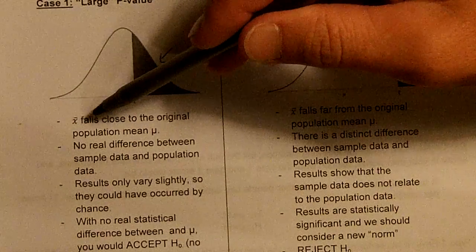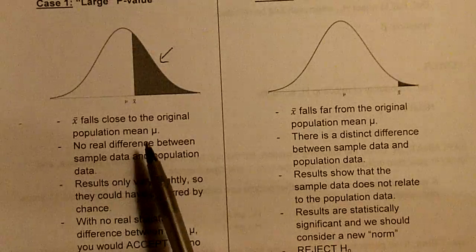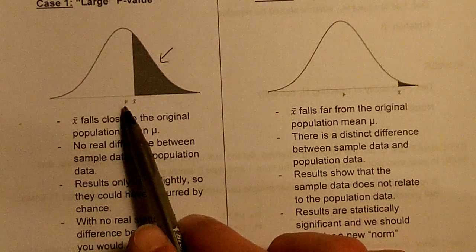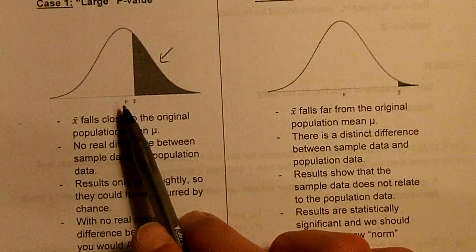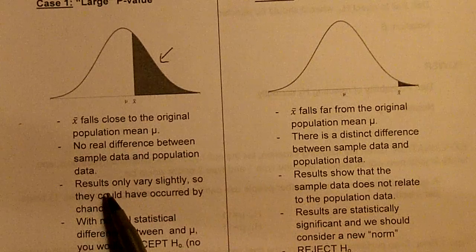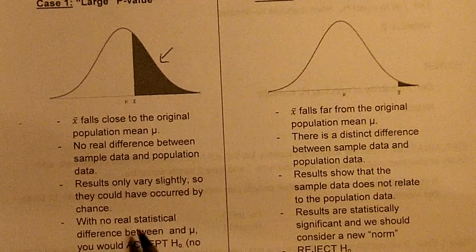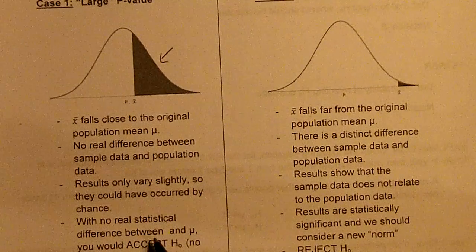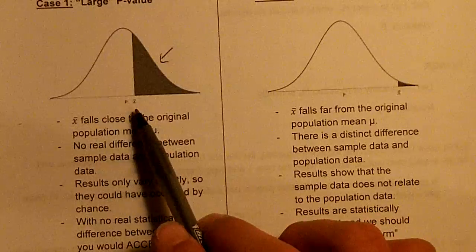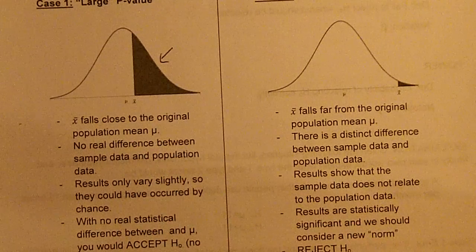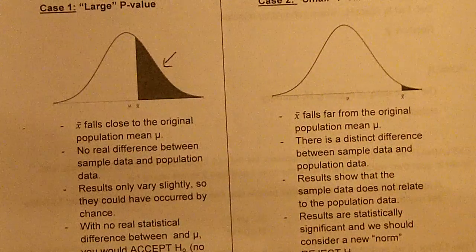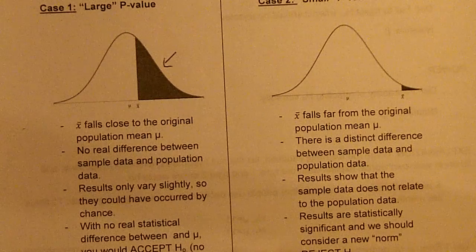And here, x bar falls close to the original population mean mu. There's no real difference between what your sample gave you and what the population would be. So the results only vary slightly. So with this in mind, there's no real difference between the population mean and your studied sample. So with that, you would accept the original claim and say that there's no difference.